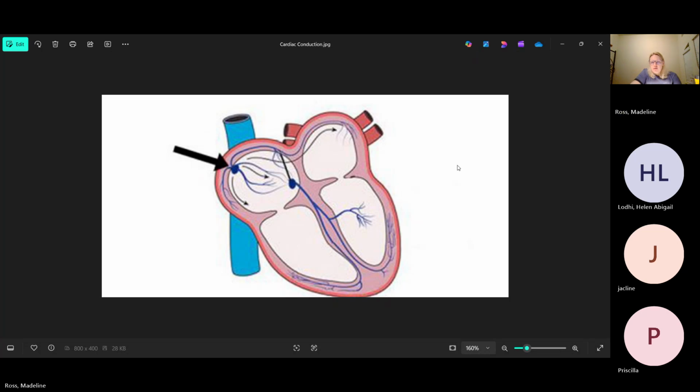So, stop sharing this one and then look at this, okay, this is our normal one. So this is your right coronary artery, and this is called a coronary angiograph.